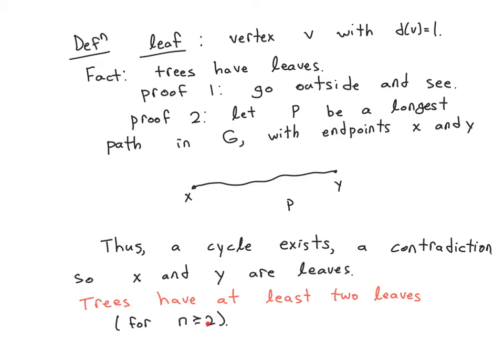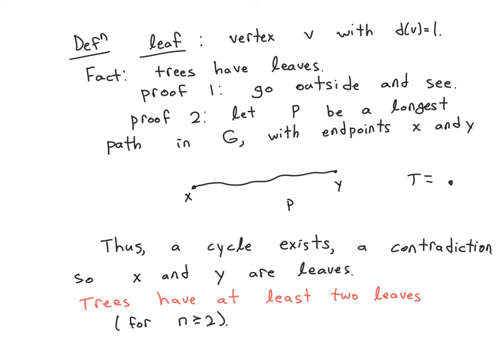With this little caveat, you need to have at least 2 vertices. If you check very carefully, I was actually assuming x and y are distinct. If you take the tree with 1 vertex, this argument doesn't work very well, and that tree only has 1 leaf. So if you have at least 2 vertices, you have at least 2 leaves.